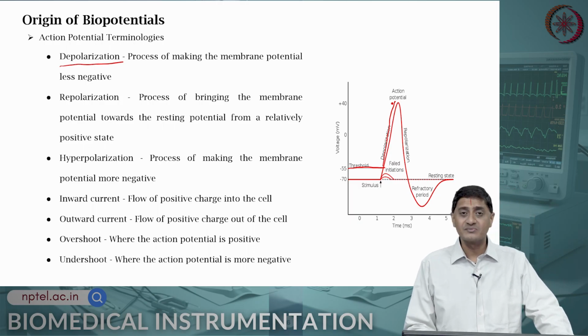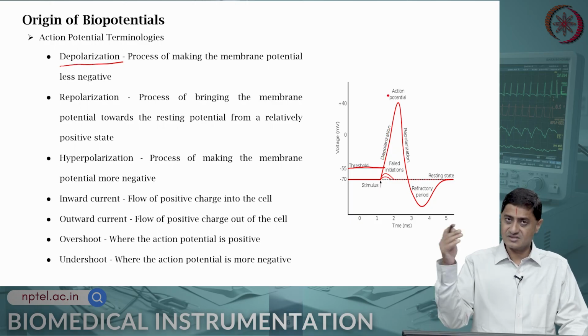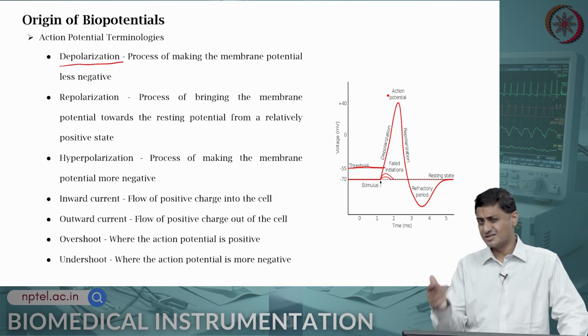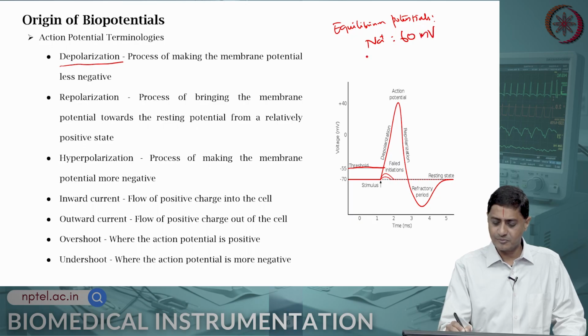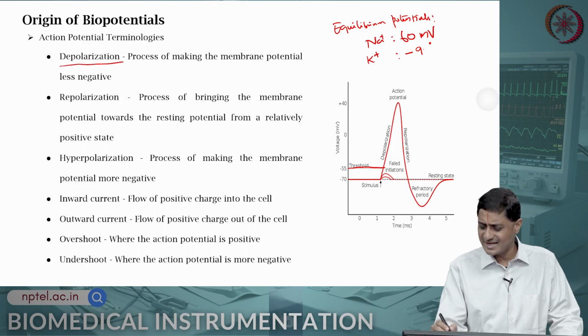The aim of this sodium movement is to take the membrane potential to the sodium equilibrium potential. It turns out that the equilibrium potential for sodium is about plus 60 millivolts, for potassium it is about minus 90 millivolts or minus 85 millivolts or something like that.